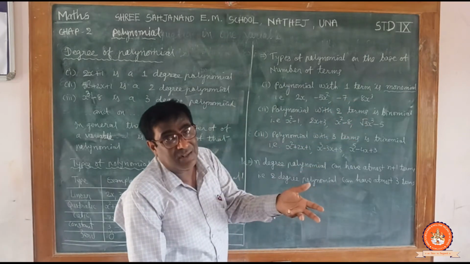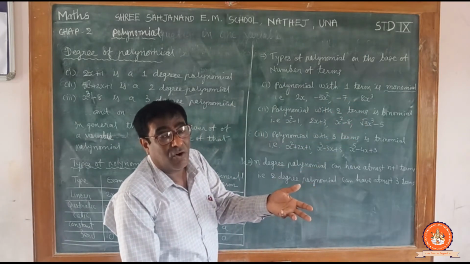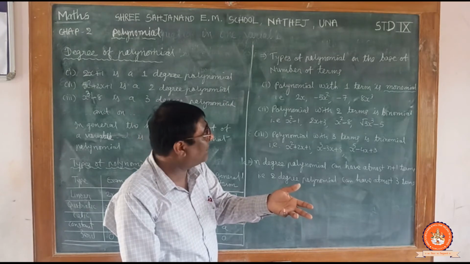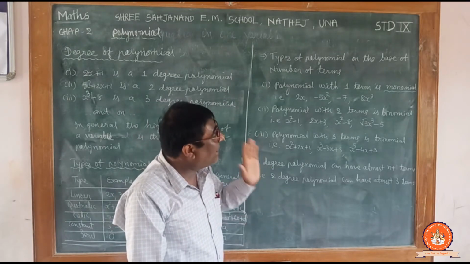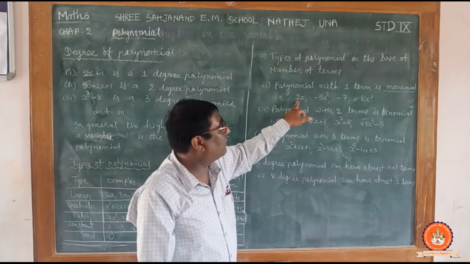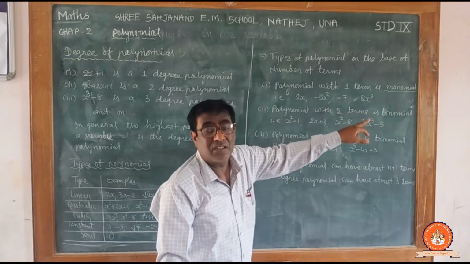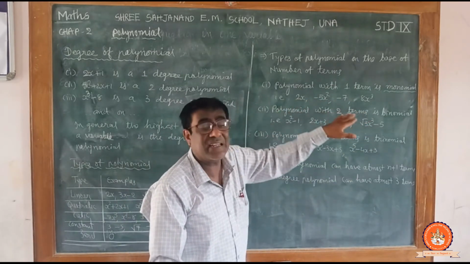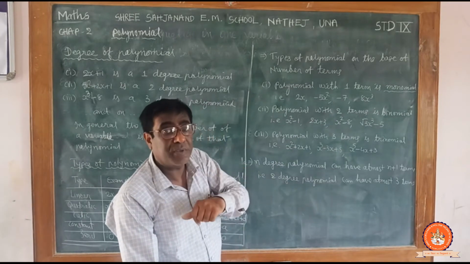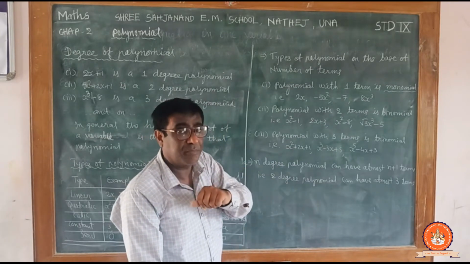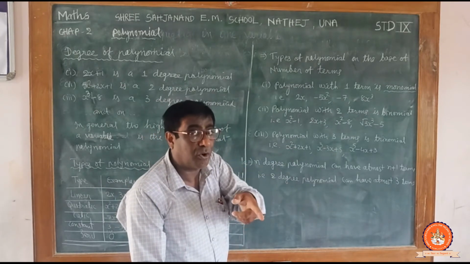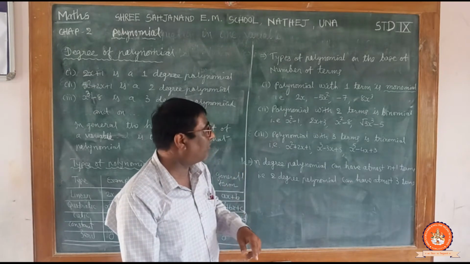It doesn't matter which type of polynomial it is on the basis of degree; on the basis of terms, each one has only one term. So these are the examples of monomial, a one-term, single-term polynomial.